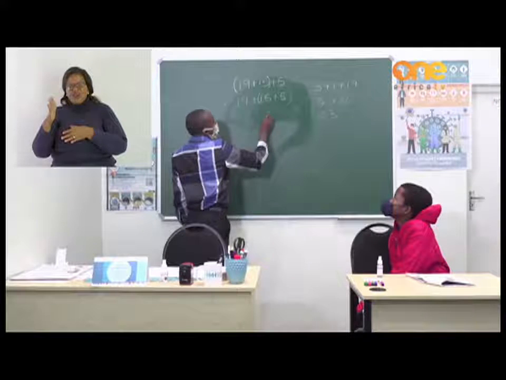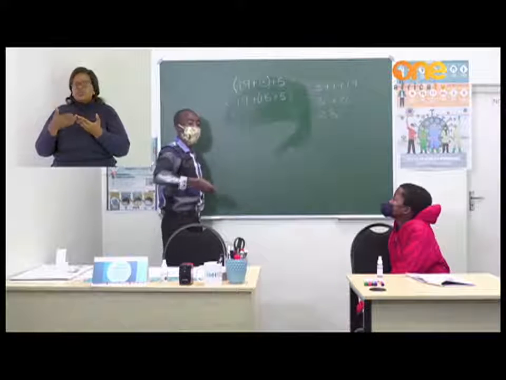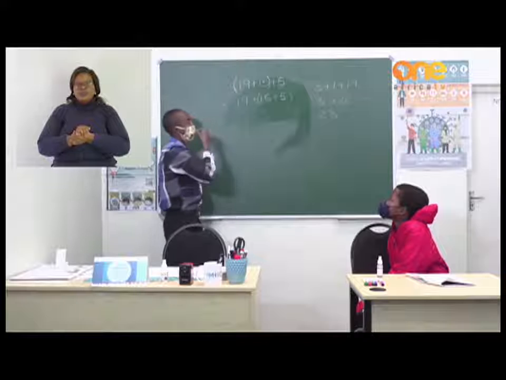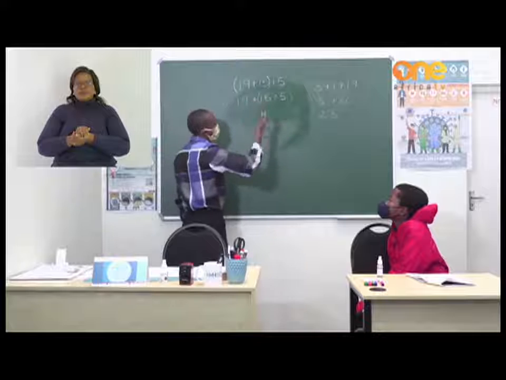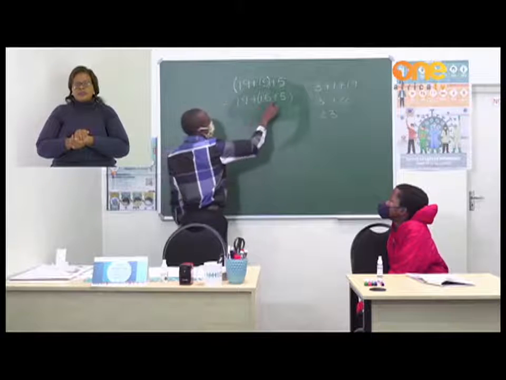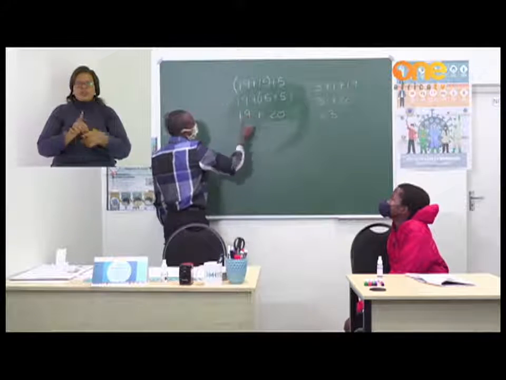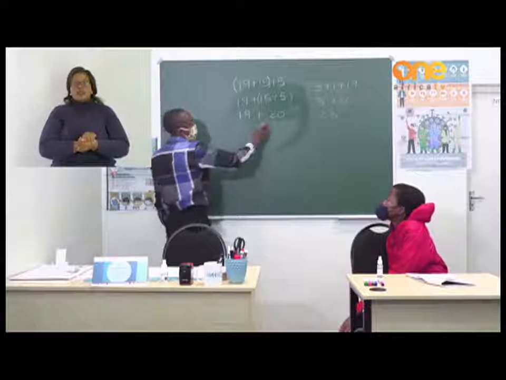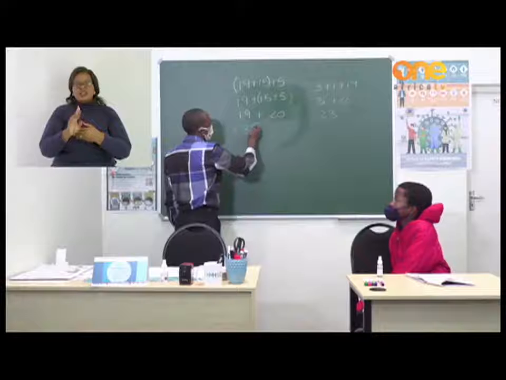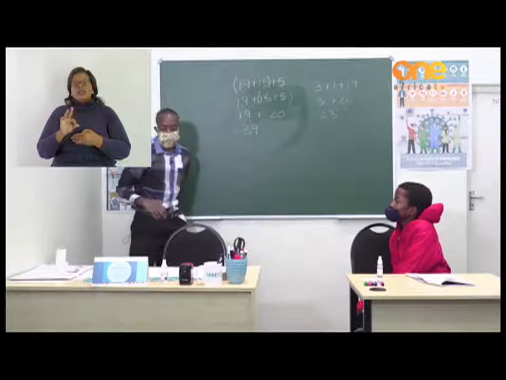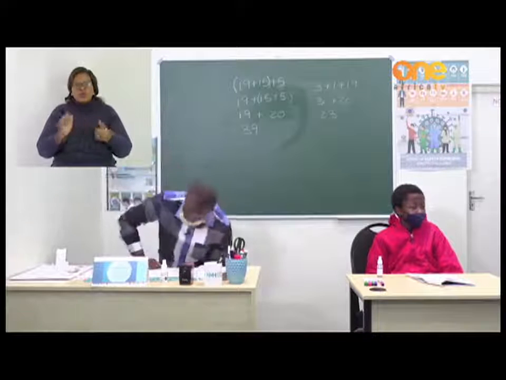So that when I add these, I have a decade number. Now, what is a decade number? Those are all the numbers which end with a 0: 10, 20, 30, 40, and so on. So 15 plus 5 will give me 20. Now this will make life easy, because now I just say 20 plus 19 will give me 39. So there is one way you can use one of the properties to solve A.